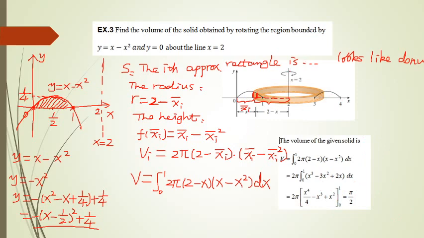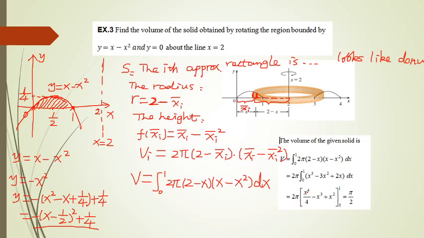So understand the rotating axis changes, okay? The rotating axis becomes another vertical line rather than the x or y axis, okay? So I also discussed those examples. So that will be all the examples we discussed for the cylindrical shells method.